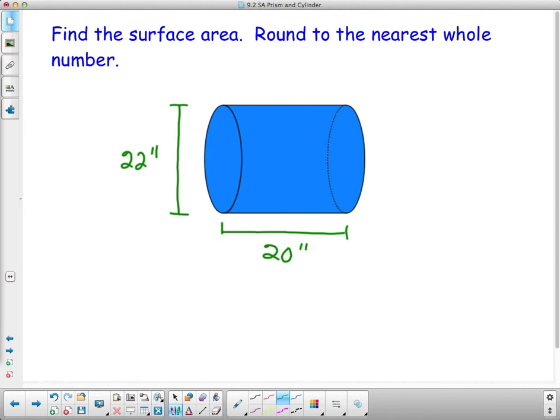That's the diameter. Cylinders are pretty easy to calculate. You know your two numbers, your radius and your height.